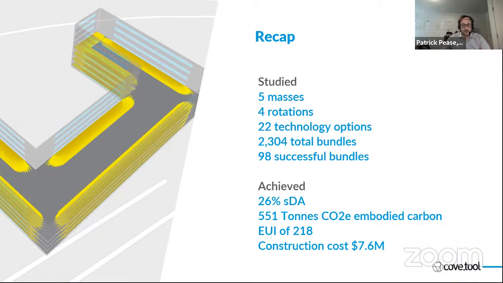For example, if construction cost was the driving factor, we might likely see a much lower SDA percentage as the result, and maybe a higher embodied carbon actually, because they don't always coincide, and maybe a higher EUI, or you might have even seen a lower EUI, etc. But that might have had a much lower SDA. So it's all about deciding what factors do I need to optimize for, and using those to make the decisions at each step.